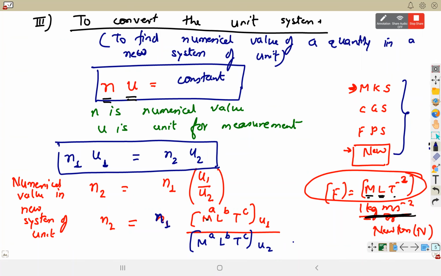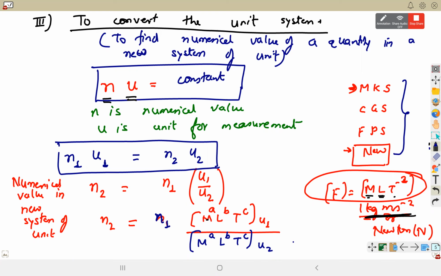ये दोनों से थोड़ा सा slightly more calculative है. हमने unit system को convert करना है with the fact that product of numerical value and the unit should be always constant.